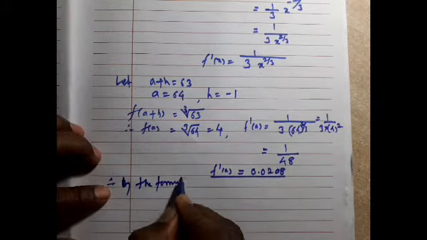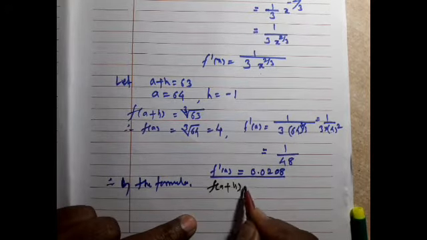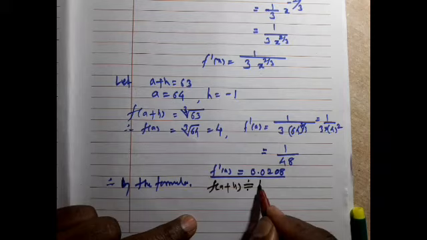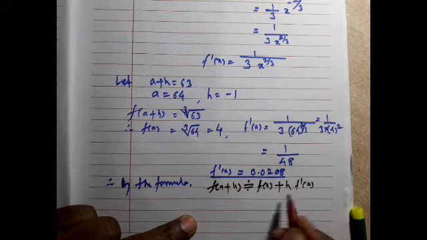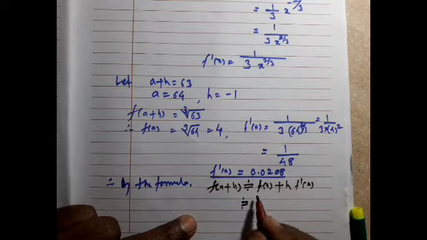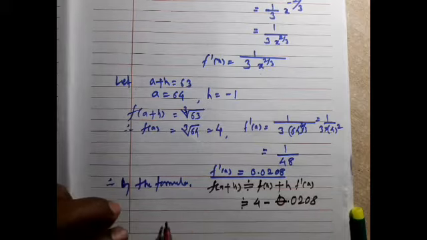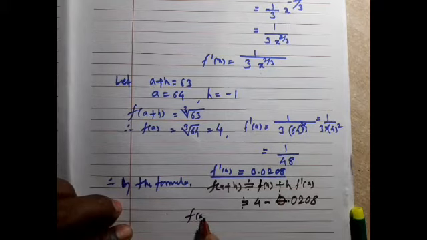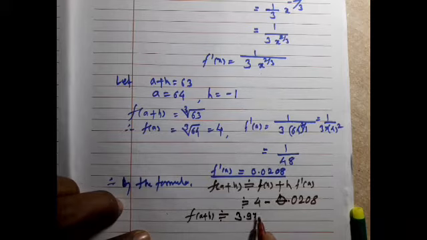By the formula, f of a plus h is approximately equal to f of a plus h f dash a. So this is equal to 4 minus 0.0208, and therefore f of a plus h is approximately equal to 3.9792.